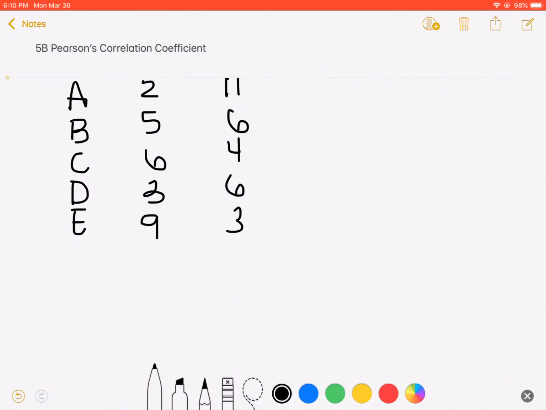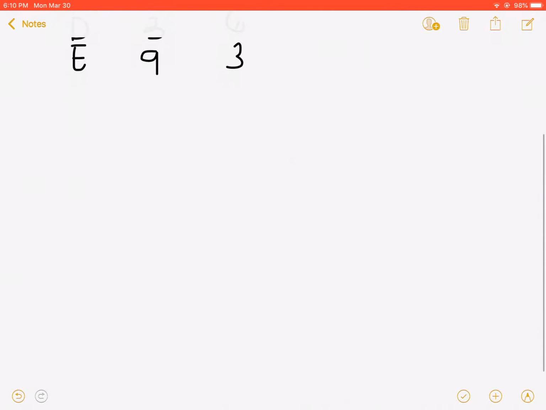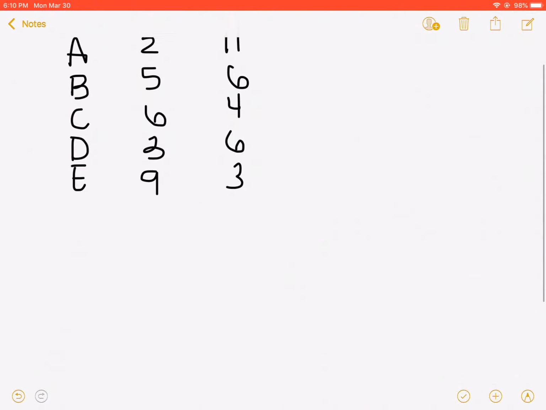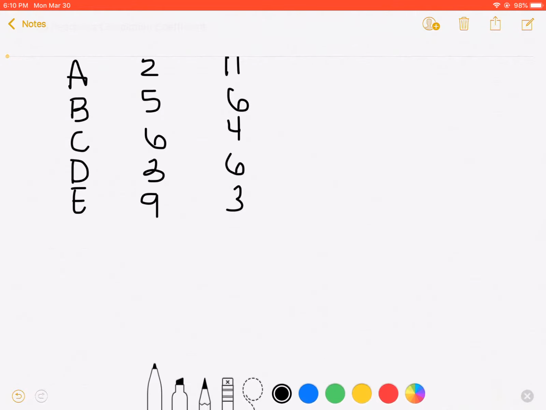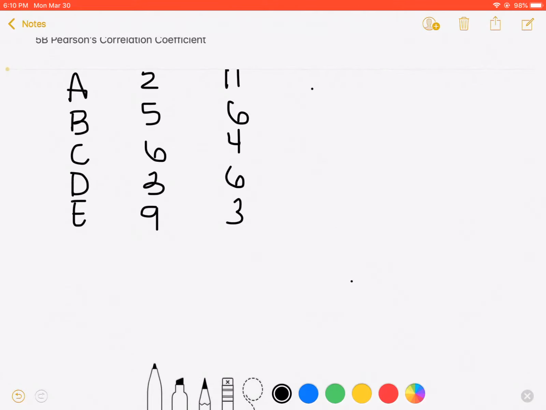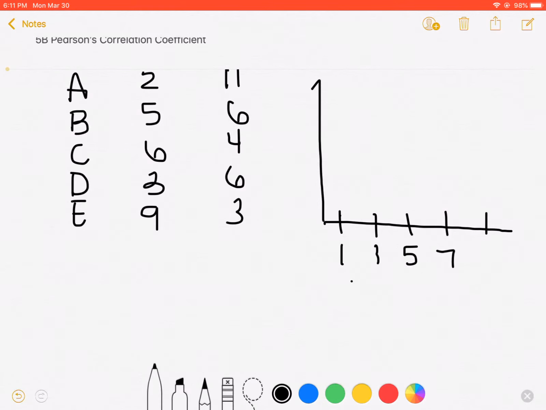If we were to draw a diagram, I might draw it over here. This is our X and Y axis. X: 1, 3, 5, 7, 9. And Y: 1, 3, 5, 7, 9, and 11.